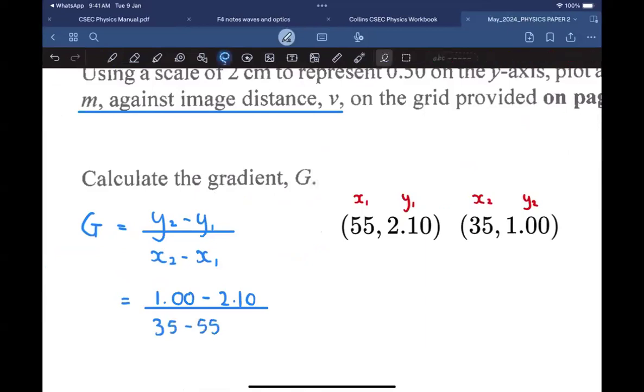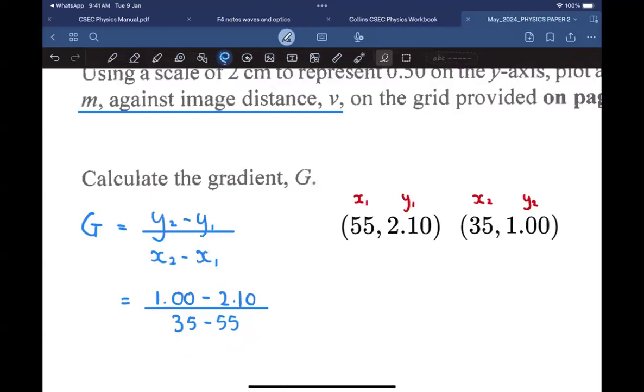Now let me ask that question, right? Since this is a convergent lens, a convex lens, my focal G was 1 over F, which is the inverse of the focal length. The focal length for a convex lens is positive.